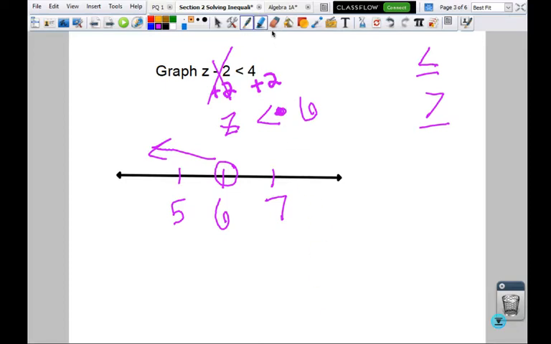Mr. Golks, is there ever gonna be a problem where it's the opposite way the arrow's pointing? Kind of. Don't forget, when we do these, if I have a 6 is greater than x, we always want to move the variable to the left side, which I think we're going to get to here in a minute.